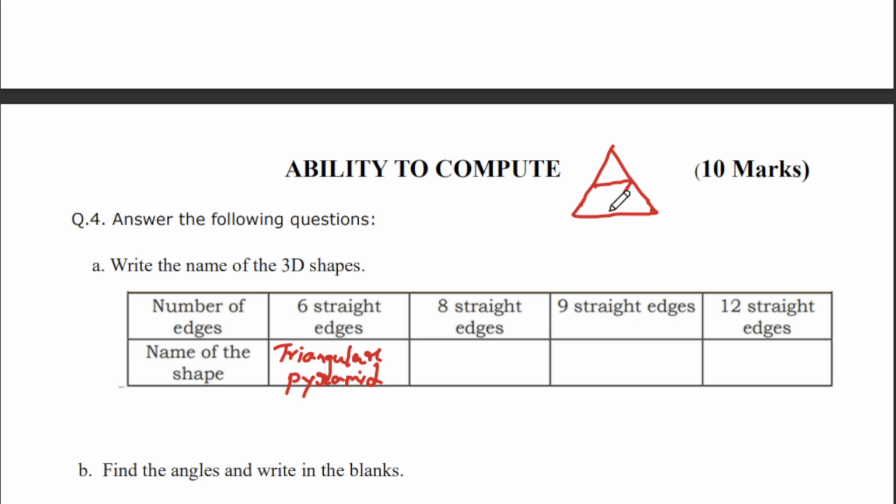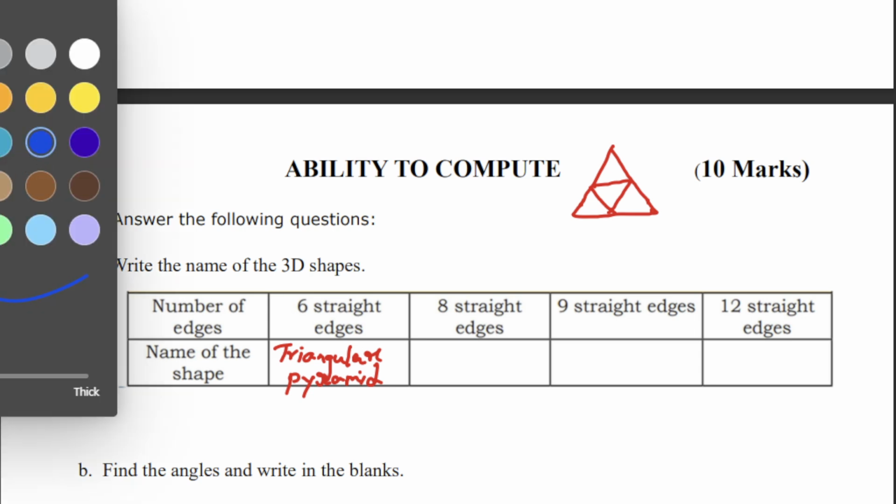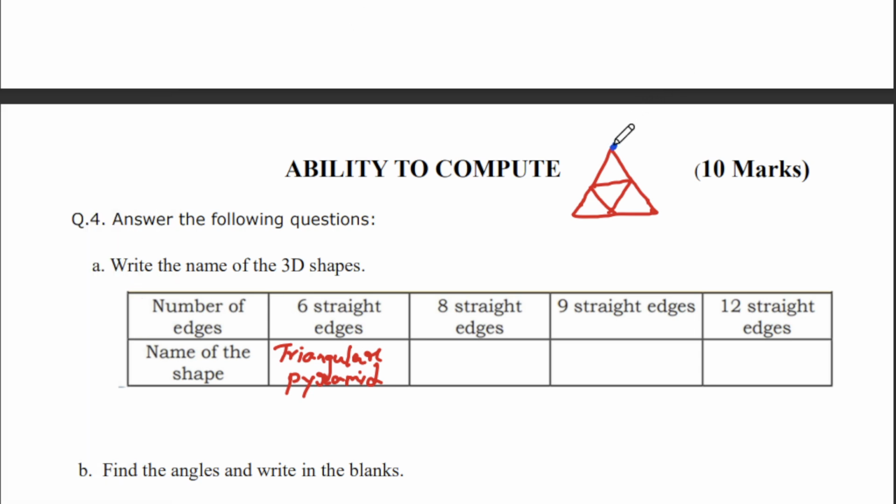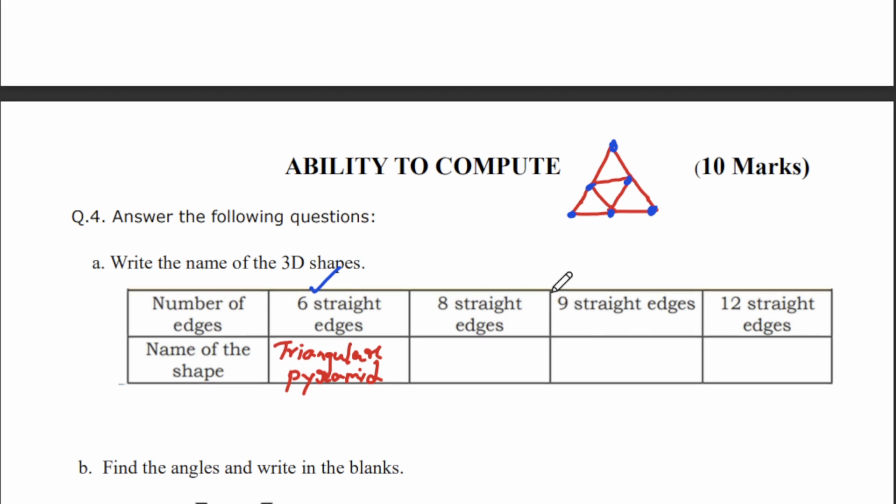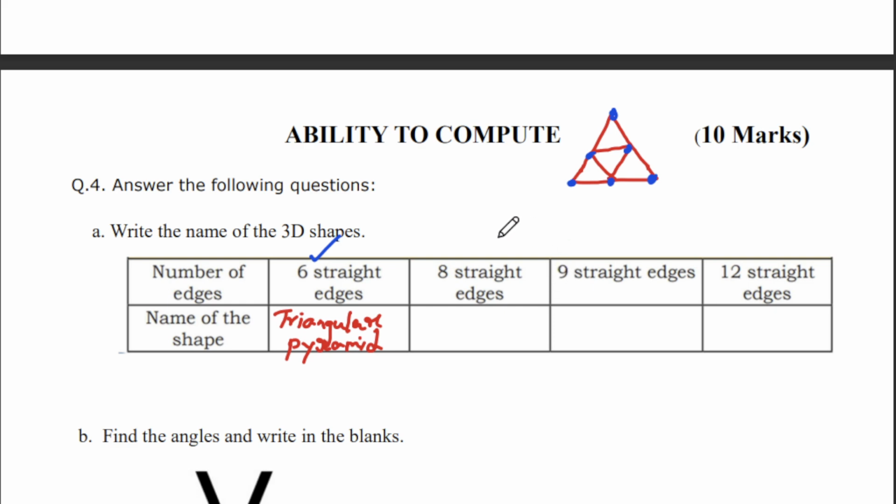This is a net of the triangular pyramid, and the edges are 1, 2, 3, 4, 5 and 6. So 6 straight edges. Next, 9 straight edges. So we have 9 straight edges, a square pyramid.